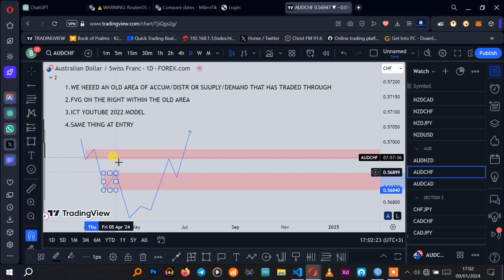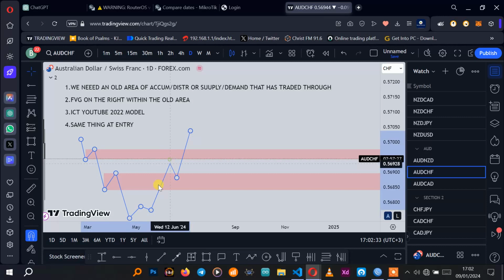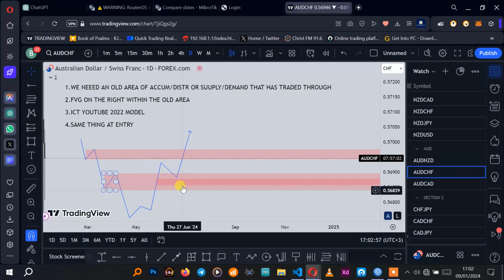Specifically, this would be an old area of redistribution. Once price trades through these areas, from this point, what you're meant to do is look for an FVG. It may be on a lower time frame, by the way. Those are the fair value gaps that you're always meant to look for.